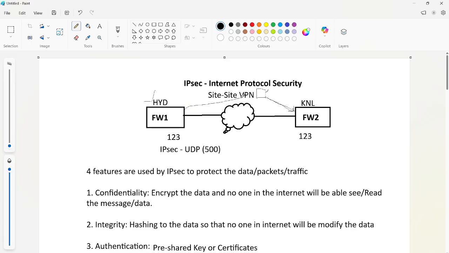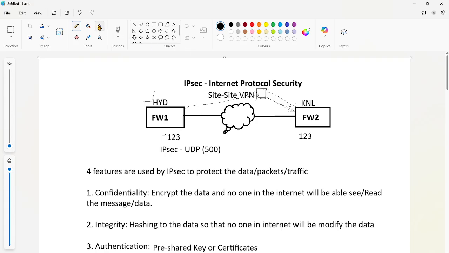The hacker has captured your data and modified it with his own data. He has included some suspicious links, or he may add his own information there, and it is going to be sent to your firewall 2. Whenever he has modified the data, this sequence number will get changed.